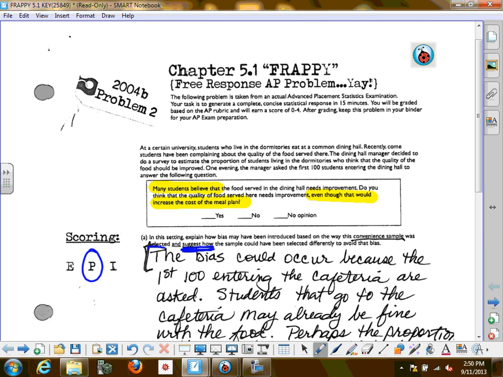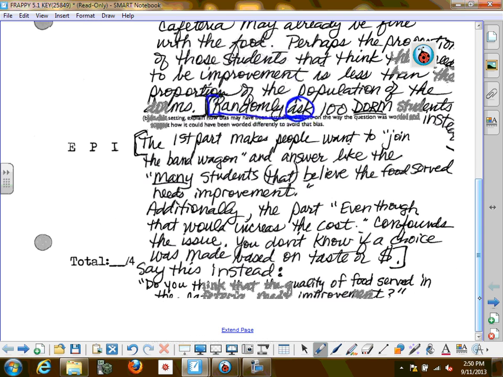Okay, so here's the way you get full credit on this. Number one, say one of those two reasons that it was bad. So I said, the first part is bad because of the bandwagon. The answer says many students, yada, yada, yada. Additionally, even though it would increase the cost, it confounds the issue.